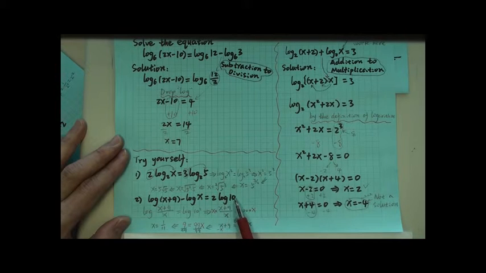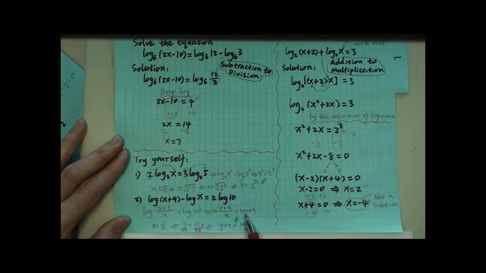Right hand side, there is a coefficient 2, bring to the top as an exponent. That's 10 squared. Then you can drop the log. Don't drop the log at the beginning, because here there was a subtraction. This log, if you drop it, you then have x plus 9 over x.